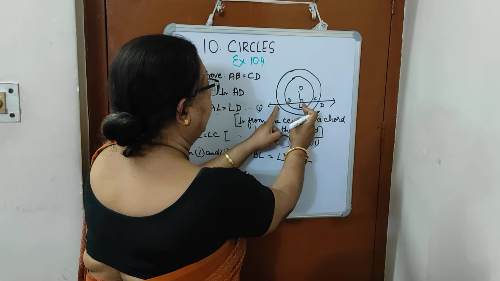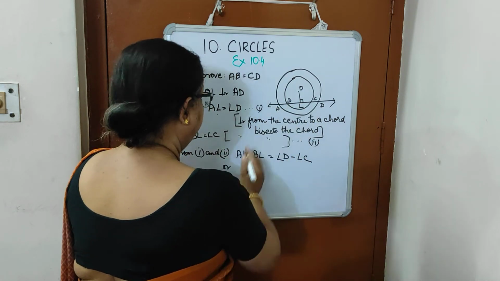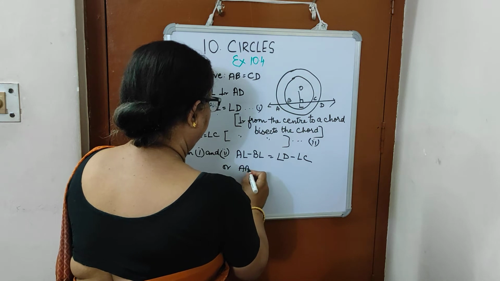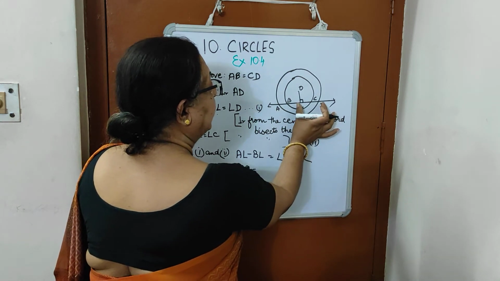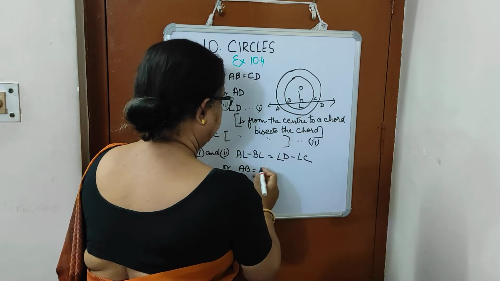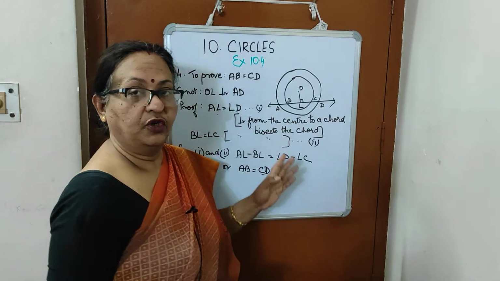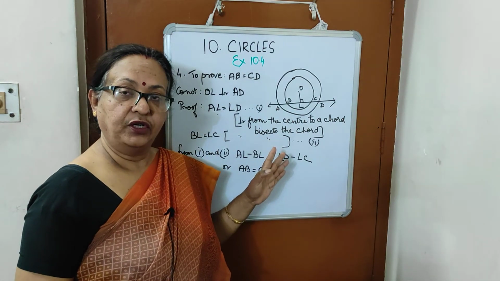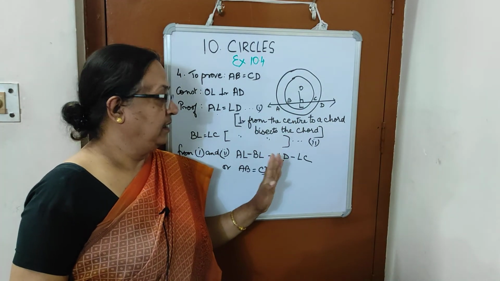This full is AL. From this you are subtracting BL. So what's left? AB. Similarly, LD minus LC. This is LD. You're subtracting this part. So what's left? CD. So AB equal to CD. So proved, children. So understood. This is what we had to prove.